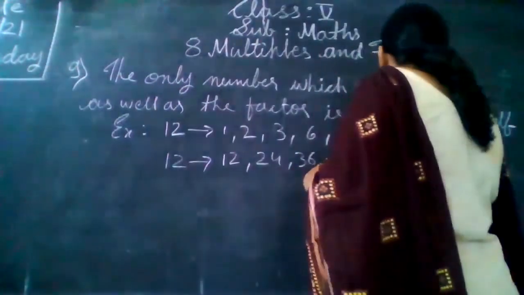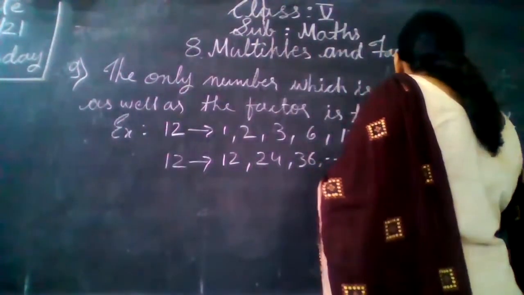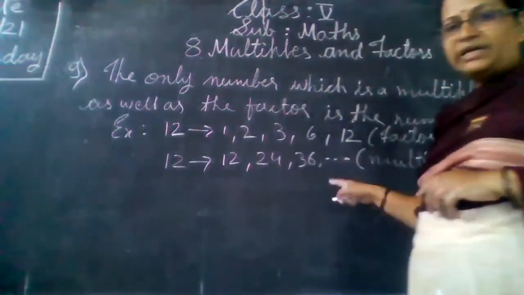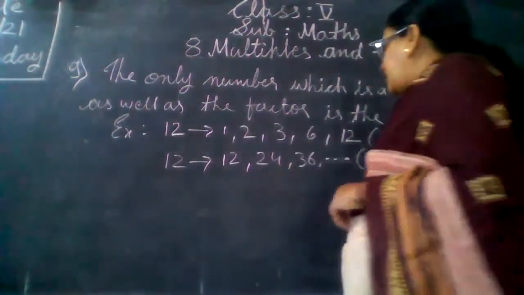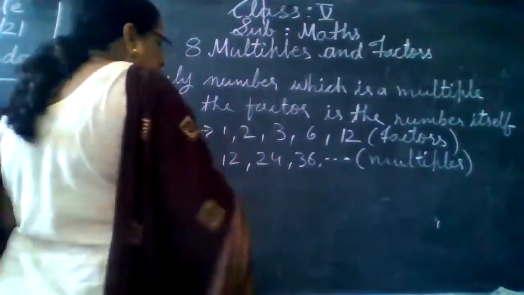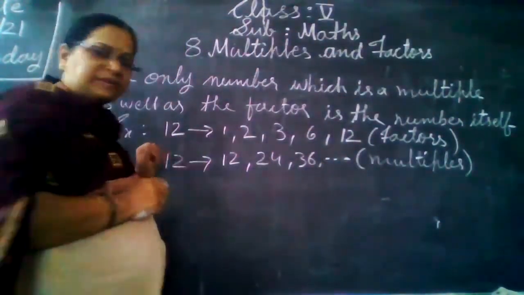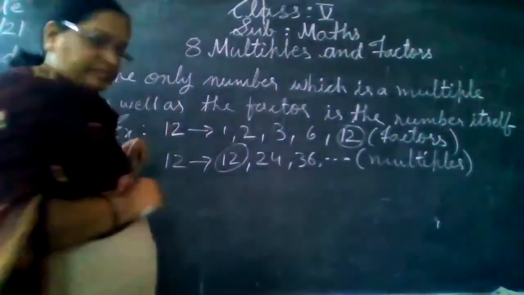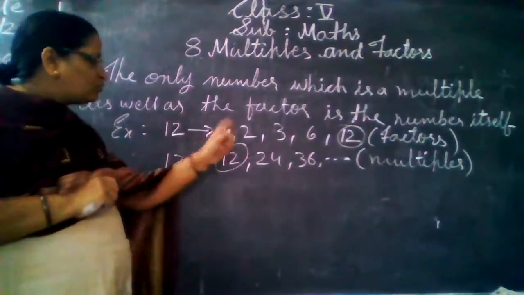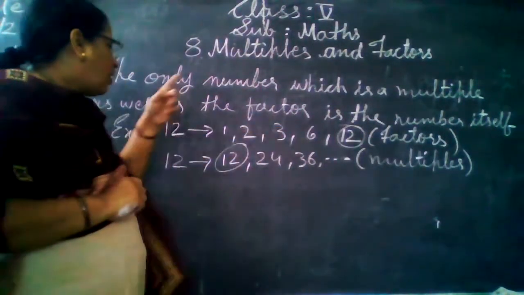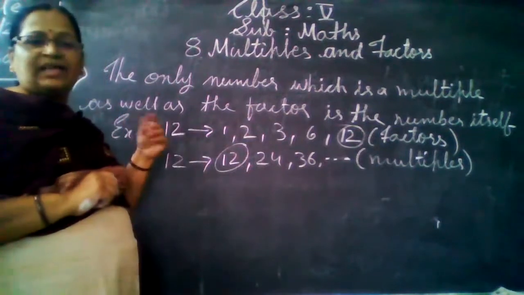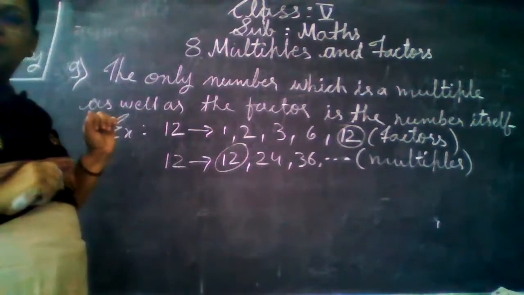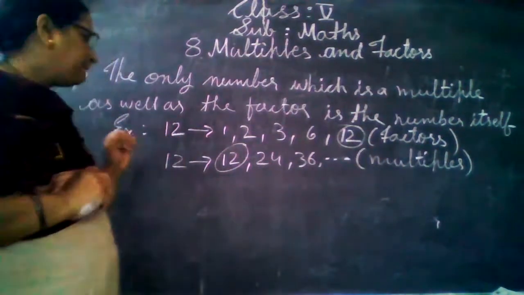They are infinite. Multiples are infinite. Now see children, which number comes in both these factors and multiples? Yes, 12. So 12 is the factor of 12 as well as 12 is the multiple of 12. Got it, beta, this point?